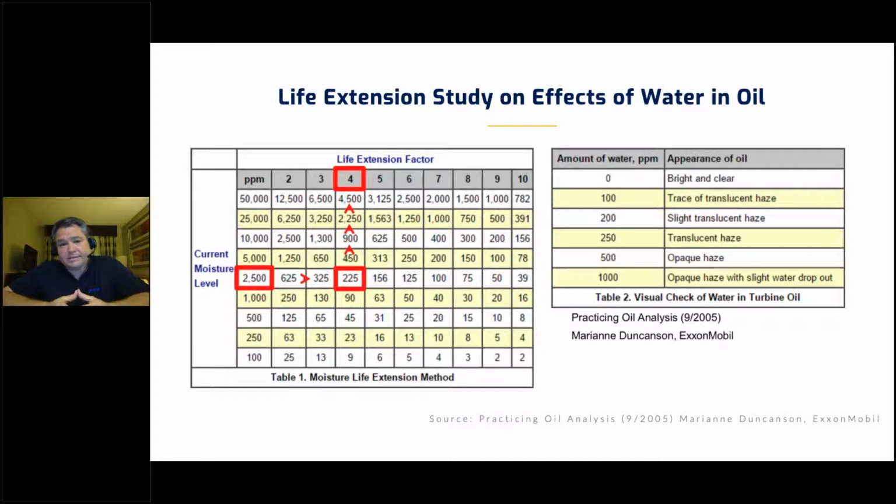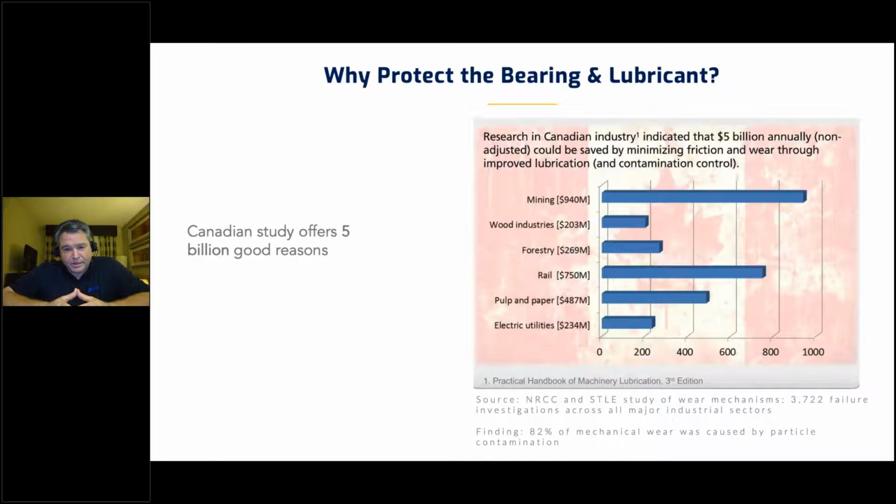Another thing to point out is you can do a crackle test: if you put oil with water in it on a hot plate, the water will start to crackle and pop at about 200 ppm, and above that it becomes more apparent. So besides visual checks, there are other quick field tests that can be done, and then there are laboratory tests.